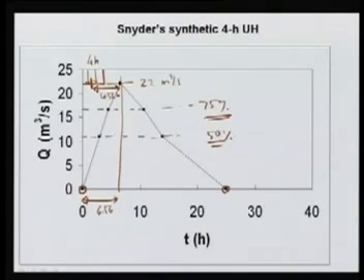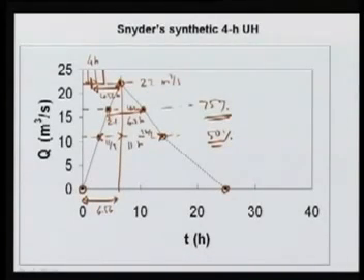We know that this total width is 11 hours and this one is 6.3 hours. For 6.3, 1/3 which is 2.1 goes here and 4.2 goes here. So knowing the peak, we can obtain these two points. Similarly, from the peak, 11 by 3 here and 22 by 3 here. So we can obtain these.